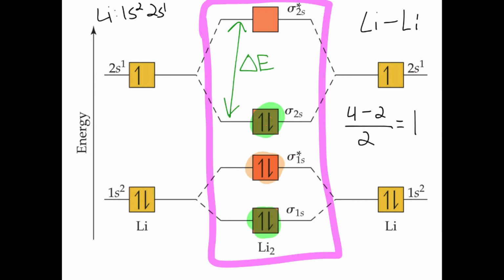My valence electrons are here in the sigma 2s bonding orbital, and I have an available energy state, or orbital, up here at the sigma star 2s state. So the difference in energy between these two is an amount of energy that this lithium molecule can absorb.